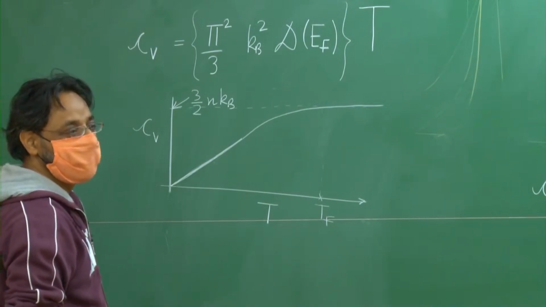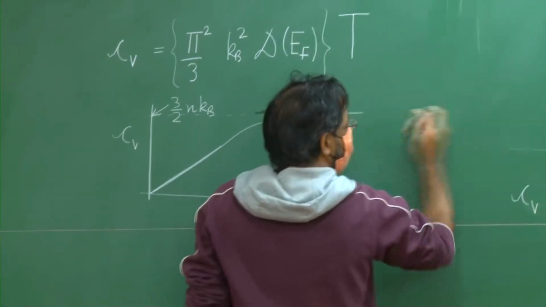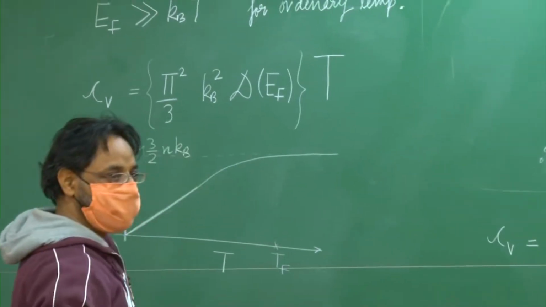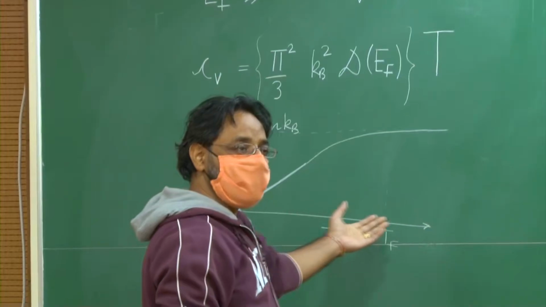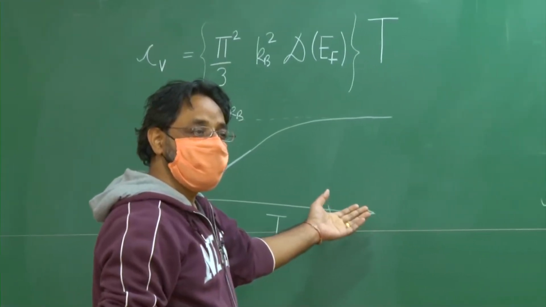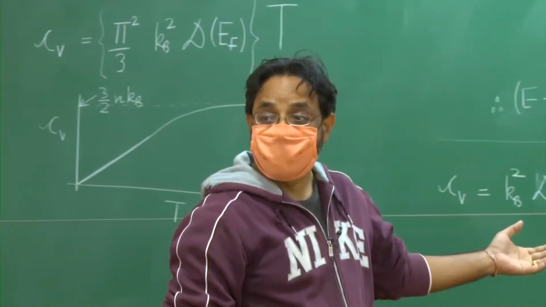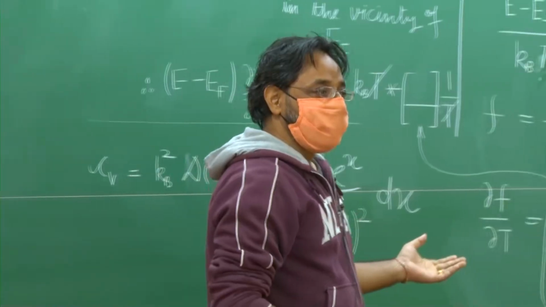That's point number one. If you remember, the lattice specific heat is also quantum, and we had to use the quantum theory of solids to explain it. There also it reaches the classical value, but what is the characteristic temperature there? The characteristic temperature there is the Debye temperature, right? And the Debye temperature is of the order of a few hundred Kelvins.